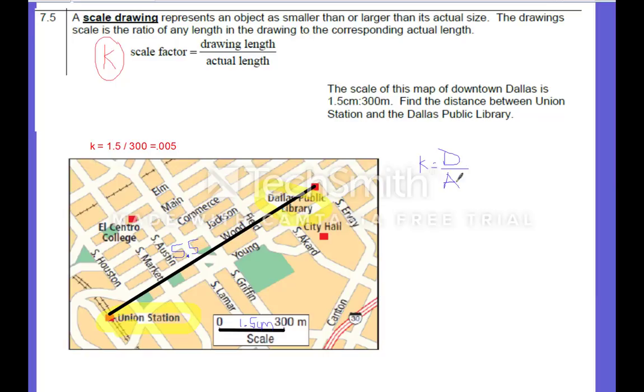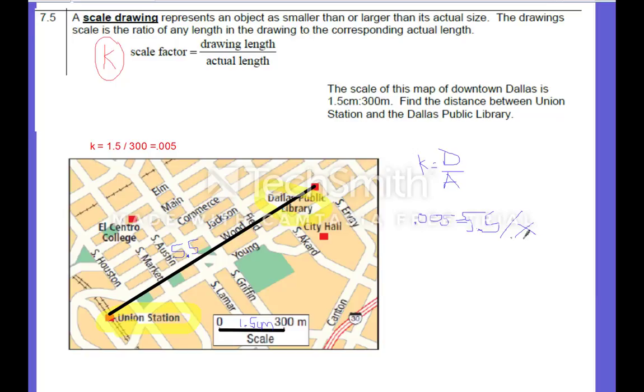So I could plug it in: 0.005 equals my drawing 5.5 divided by the unknown. This is what I'm trying to figure out, the actual.